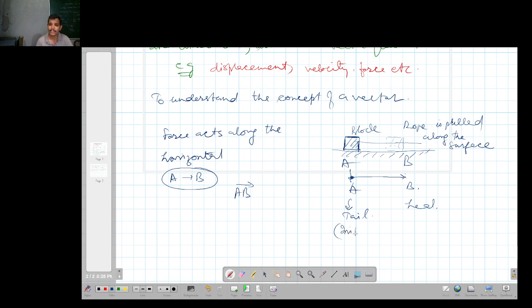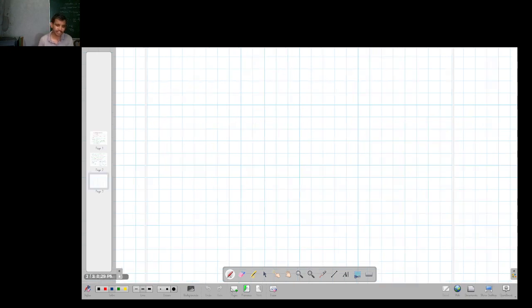It is known as the initial point, and this point is known as the terminal point. So this is the simplest way to represent a vector, and this is a very beautiful example, right?